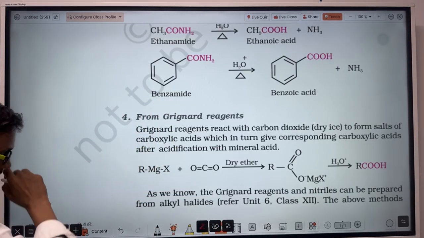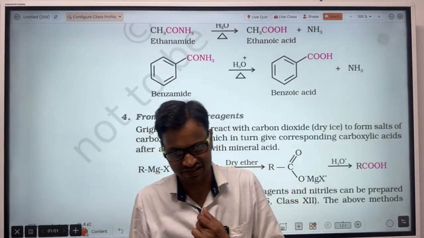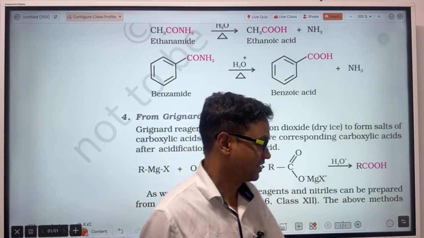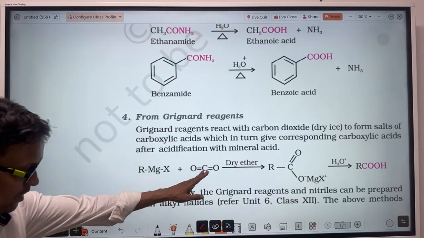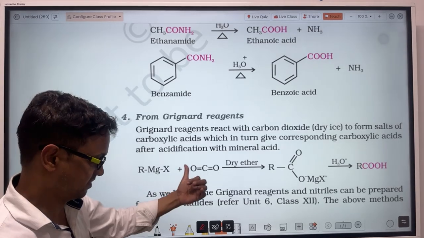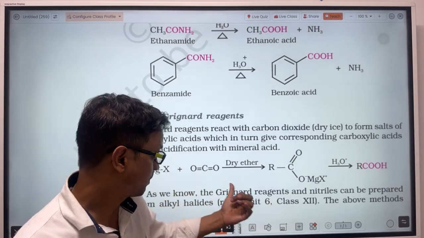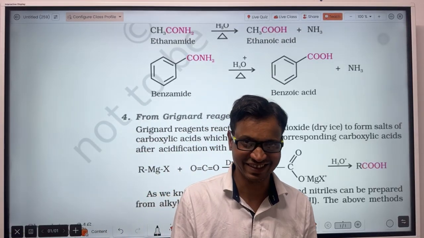Because you are already aware of the activity of Grignard reagent in various compounds, so same here. It is CO2. Here, the shape of the CO2 molecule is linear. Keep in mind, the shape of the CO2 molecule is linear.